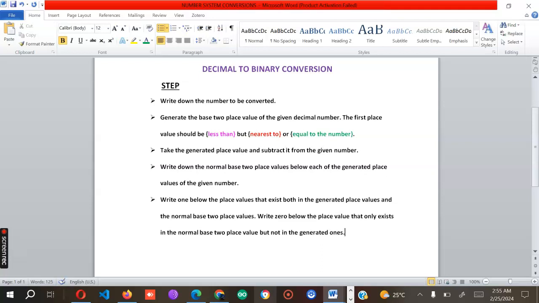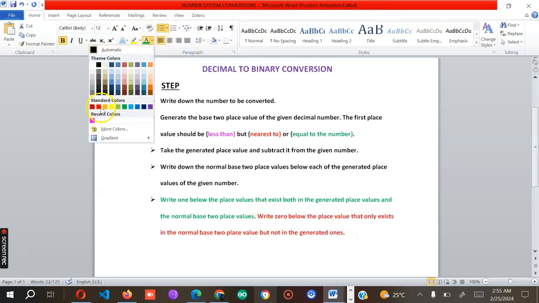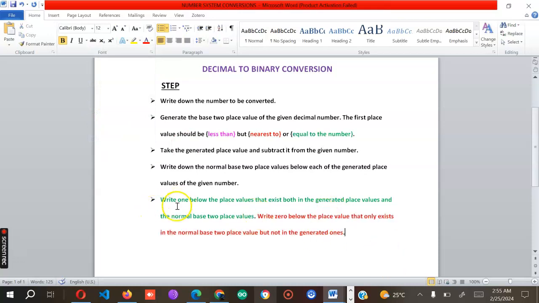So those are the key parts, especially this one. Whenever you have this one up to this one, you need to note that these are very key parts. You are supposed to write 1 below the place value that exists both in the generated and the normal base 2 place value. While if the number appears only in the normal base 2 place value, you just write the 0.